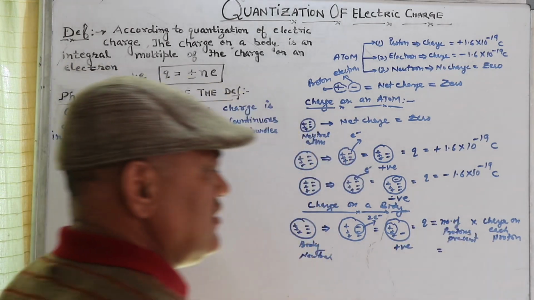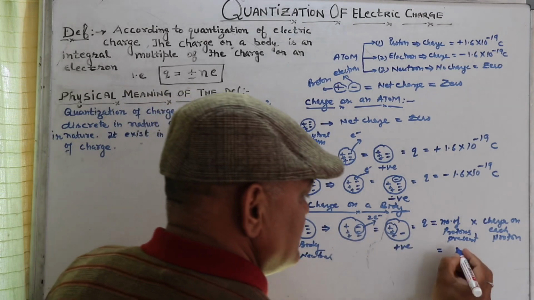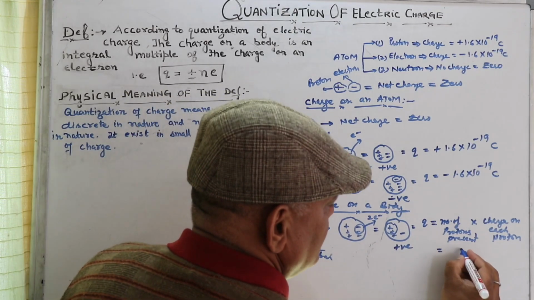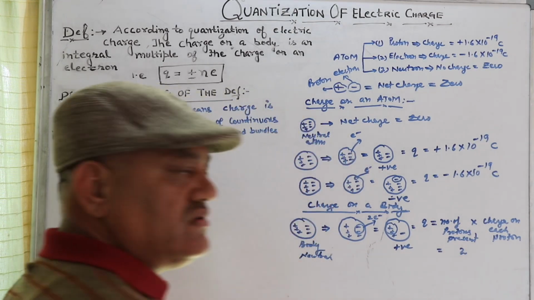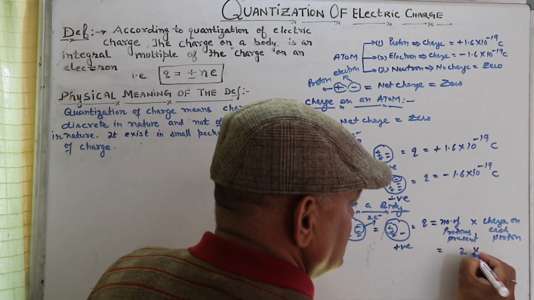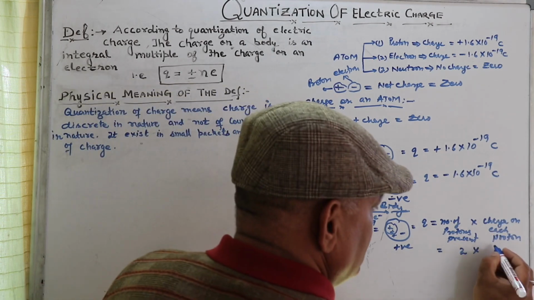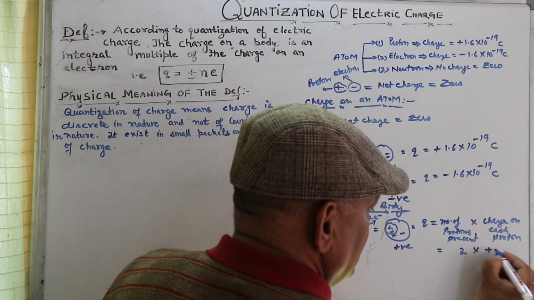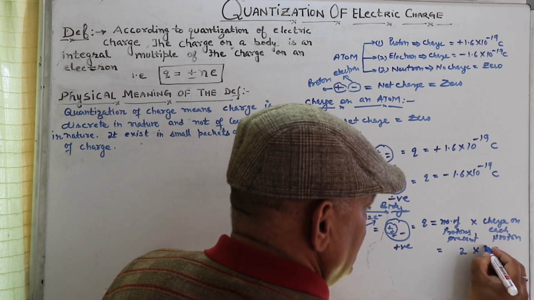Therefore, the number of protons present is 2, and the charge on each proton is plus e.